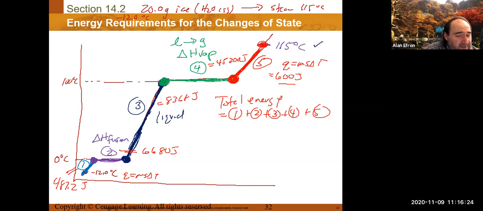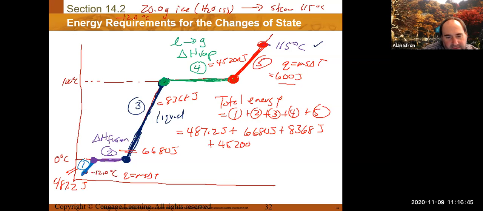Again, if you did some in kilojoules, you did some in joules, you want to make sure everybody really is in the same units. So we had 487.2 joules plus 6680 joules plus 8368 joules plus 45,200 and 600 joules.